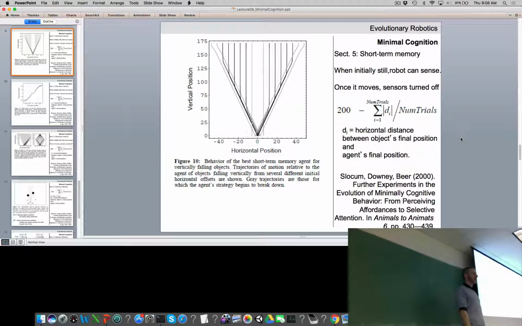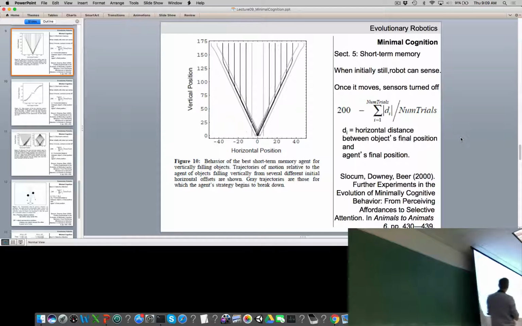Does the robot get to the object? Does the robot get under the object before the object hits? If the ray sensors are broken, move towards them, right? That's it. That's the heuristic.